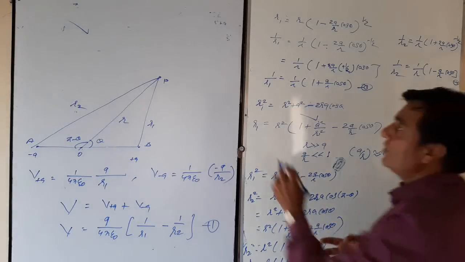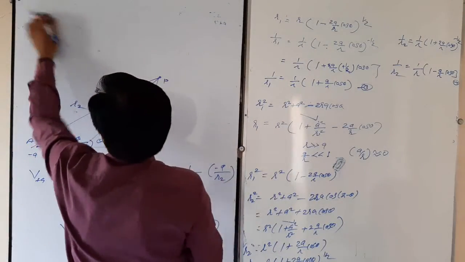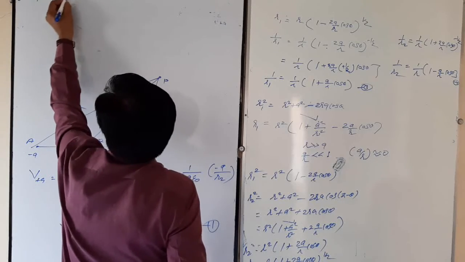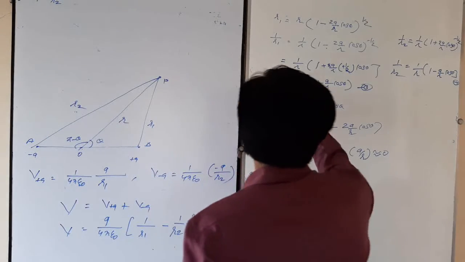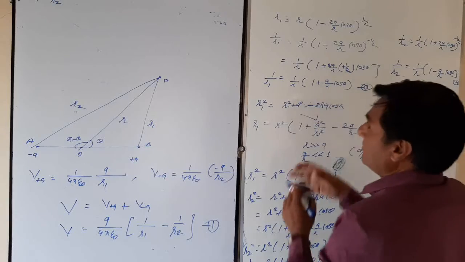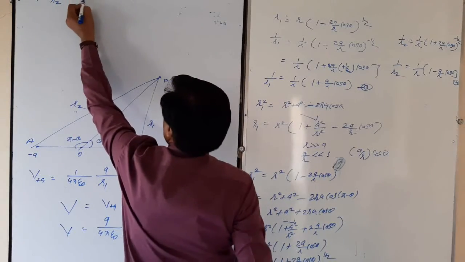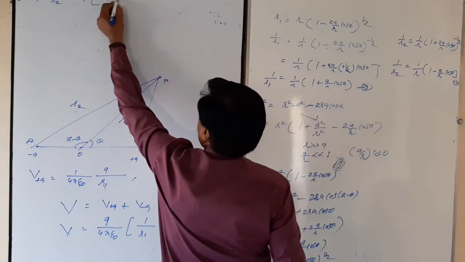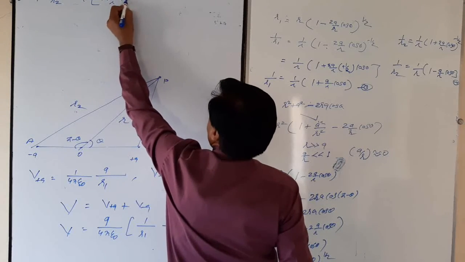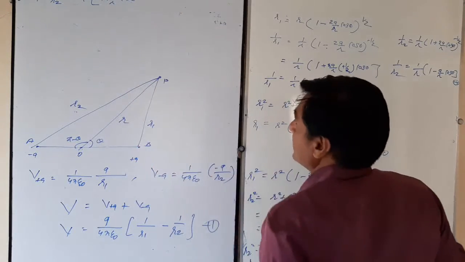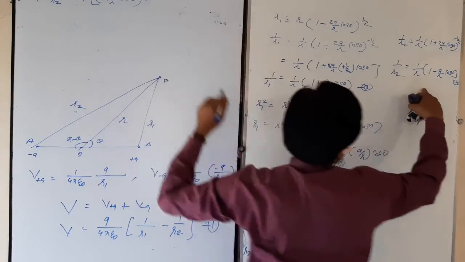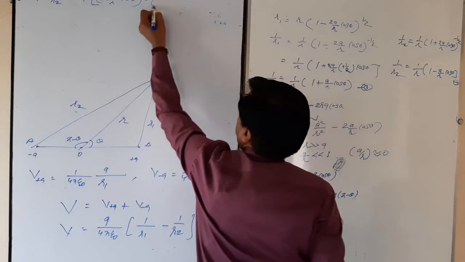You can write 1 by r1 minus 1 by r2 equal to, see there, 1 by r is common in both terms, so I can take it out: (1 plus a by r cos theta) minus (1 minus a by r cos theta).